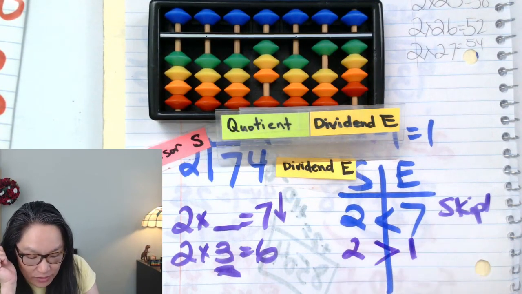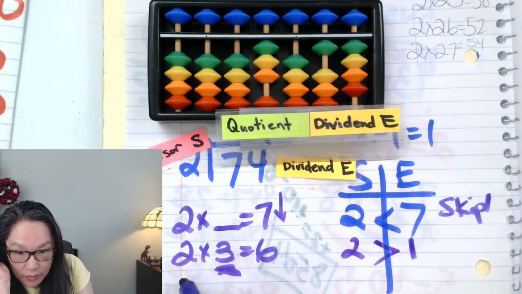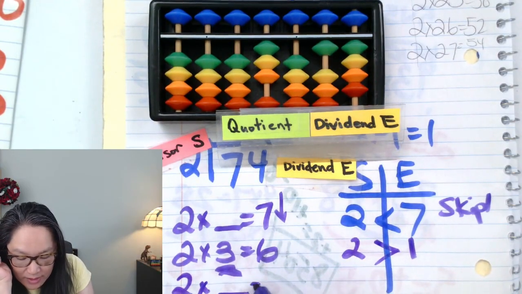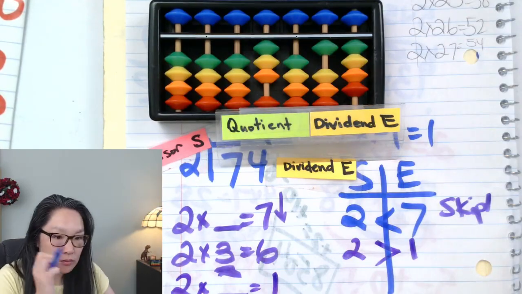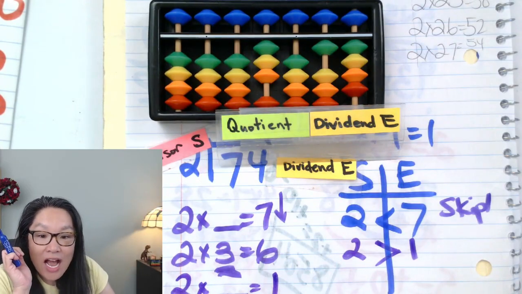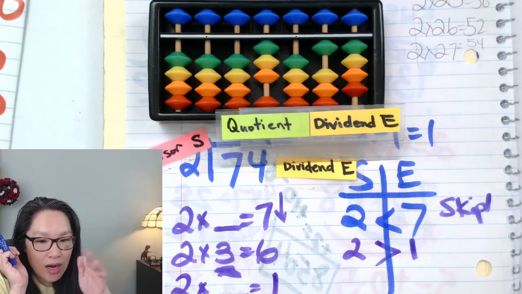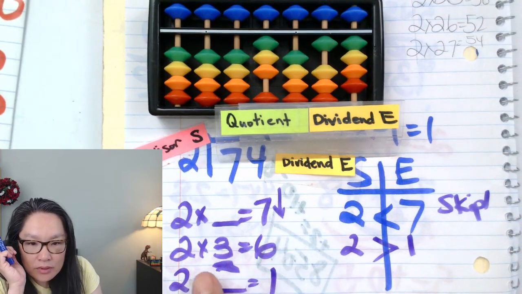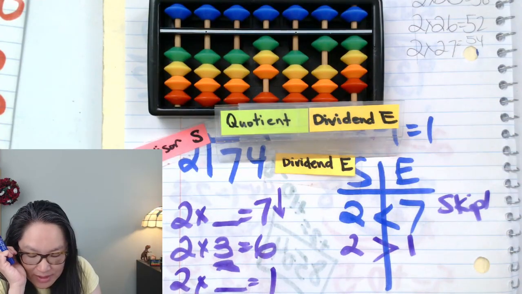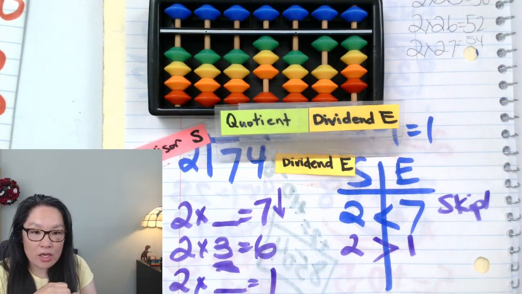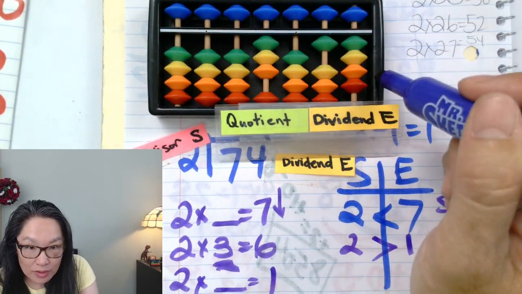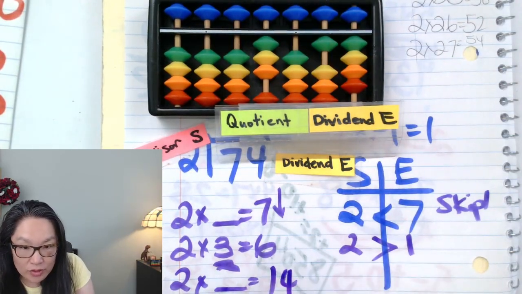My divisor is bigger, so I know my question will be 2 times what is equal to... Notice that 2 times something cannot equal 1. So we need to have our next number. 2 times what is equal to 14?